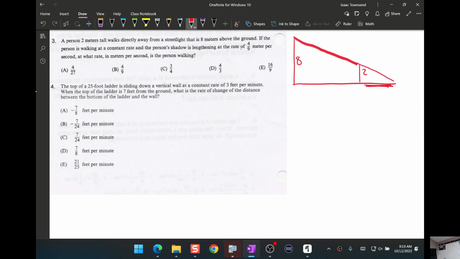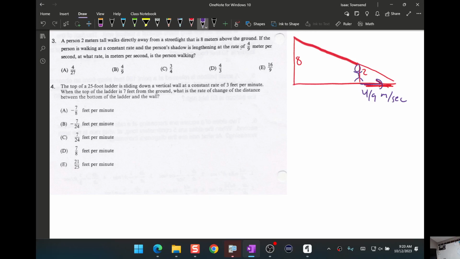So here's the shadow on the ground. If the person is walking at a constant rate and the person's shadow, so this speed is 4/9 of a meter per second. At what rate in meters per second is the person walking?